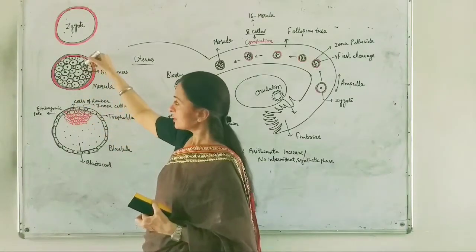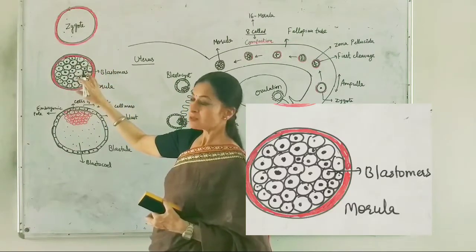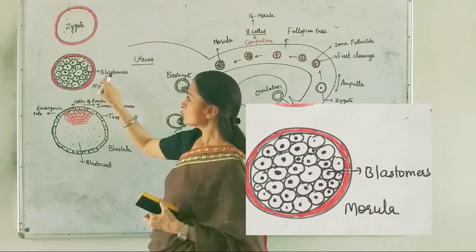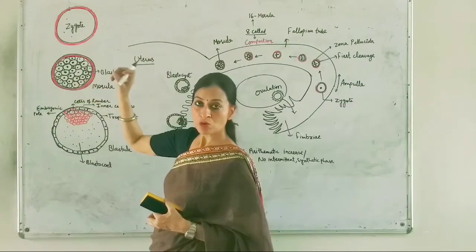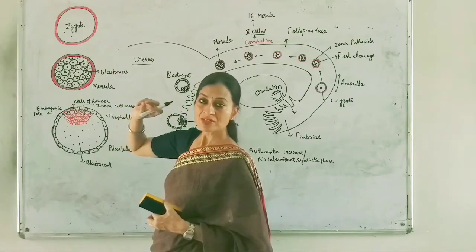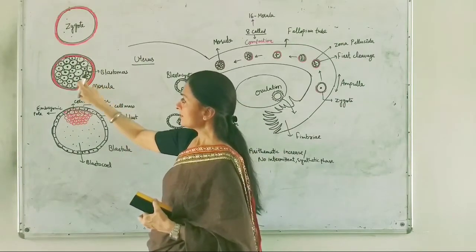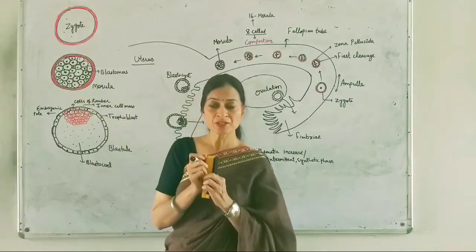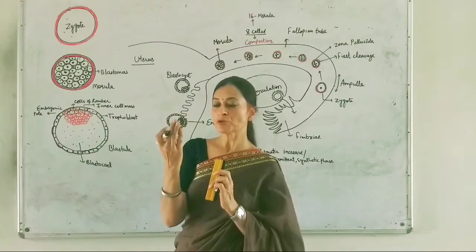You can see that there are a number of cells, the 32 cell stage I have shown here. These cells are known as blastomeres, and all these blastomeres are smaller in size because the cleavage division was a very rapid division and there was no time to increase their size. And these blastomeres are undergoing the compaction phase to differentiate into two types of layers.